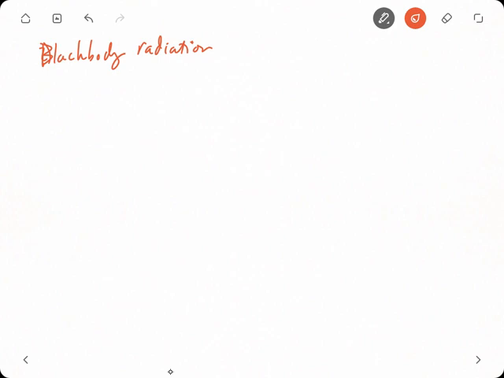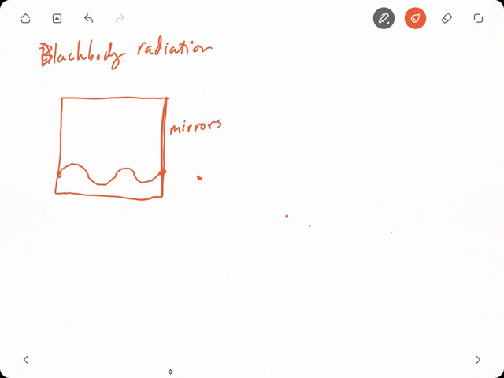And the book doesn't talk as much about this, but I'll give you a brief outline, which is the idea that if you had a cavity, sometimes they refer to this blackbody radiation as cavity radiation, and you want to figure out the electromagnetic energy which is in thermal equilibrium at a given temperature, you would sort of imagine this cavity which is made entirely of mirrors, and then ask yourself which electromagnetic modes could exist inside there, and then how much energy would be in each mode.